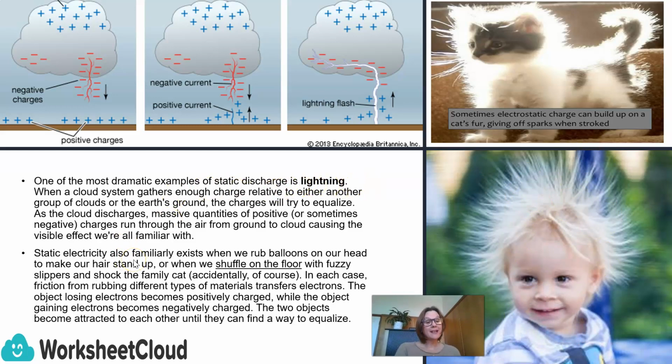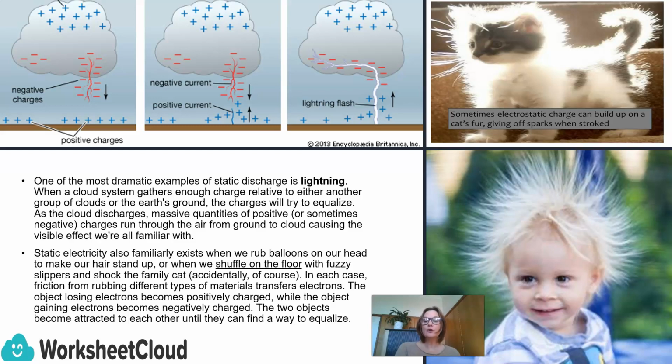Sometimes it makes our hair stand on end, or sometimes when we shuffle on the floor with fuzzy slippers and then you go and you touch an object, like sometimes a family cat, accidentally of course, and it creates a shock. In each case, friction from rubbing different types of materials transfers the electrons, and we spoke about how those electrons move in our last lesson.